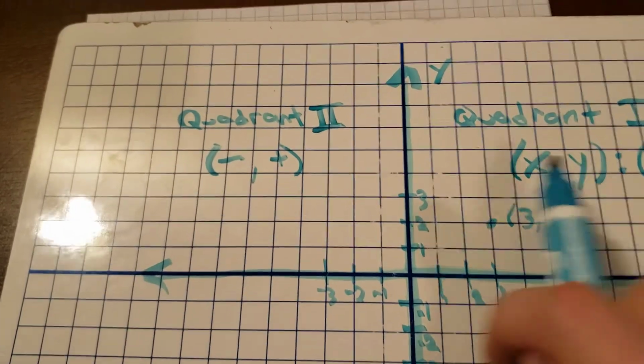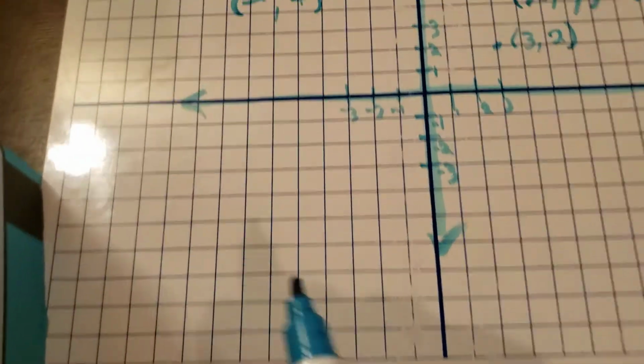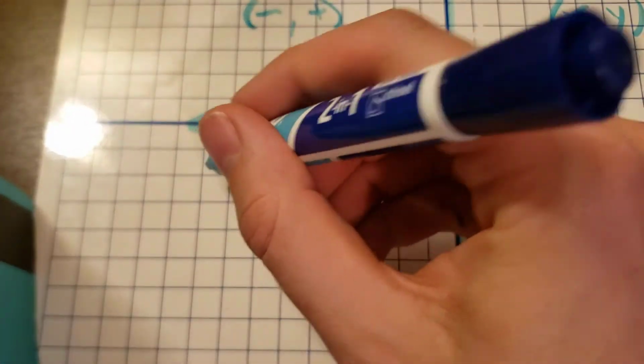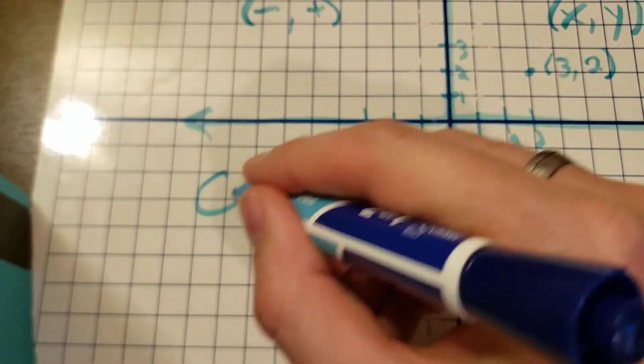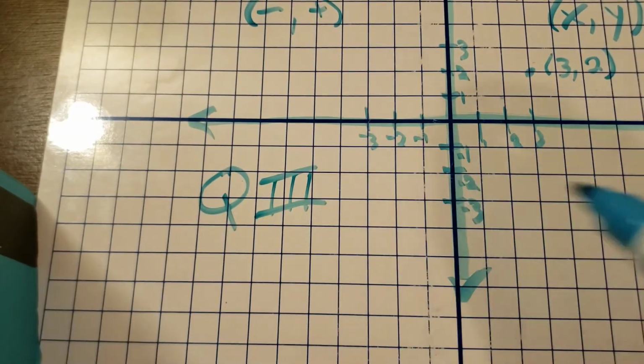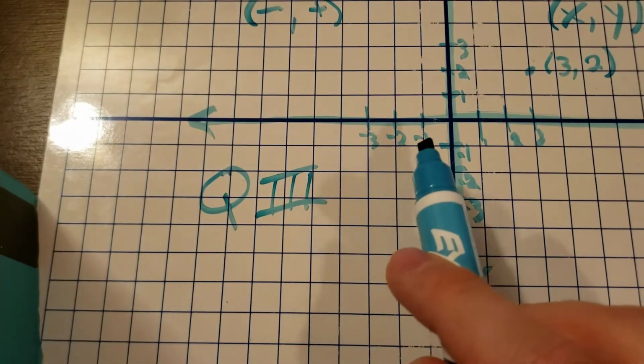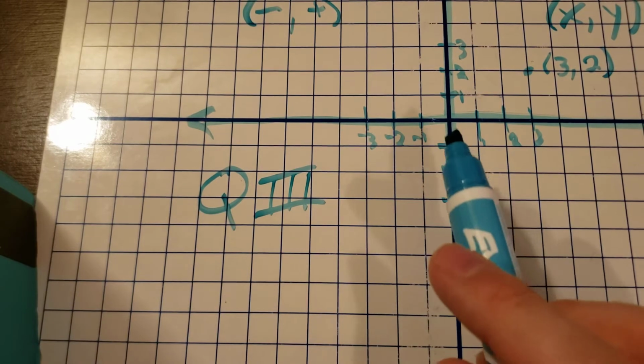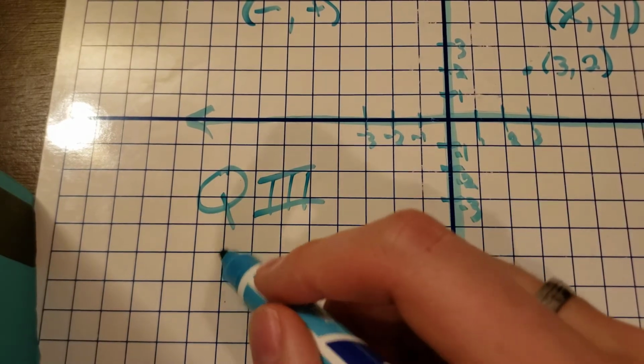So quadrant 1, 2, 3, it moves kind of like a C. I'm just going to label this Q3. Quadrant 3, here both my X values and my Y values are negative.